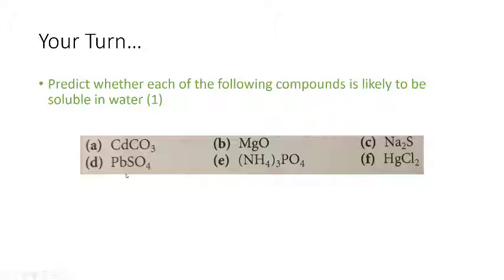So lead sulfate is insoluble. Even though sulfates tend to be soluble, lead 2 is one of the exceptions to that rule. Next, ammonium phosphate. We expect that to be soluble because all ammonium salts are soluble. Next is mercury chloride. This is insoluble because even though our halides are expected to be soluble, mercury is one of the exceptions.